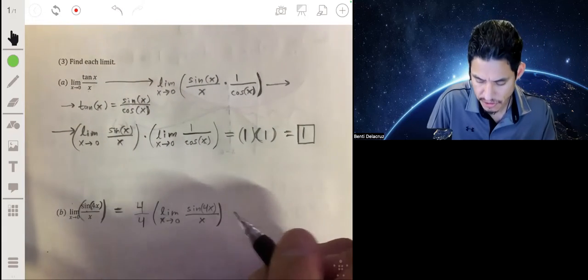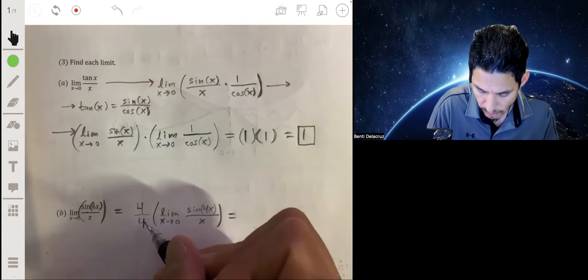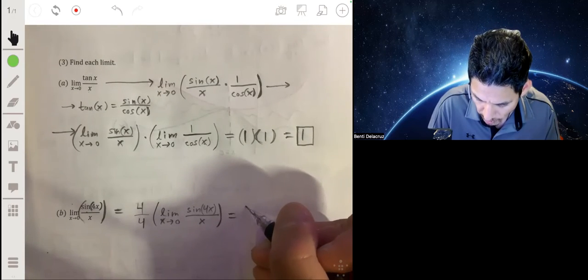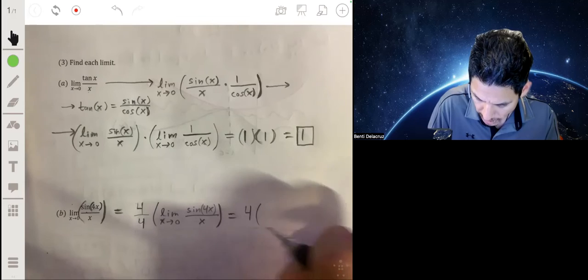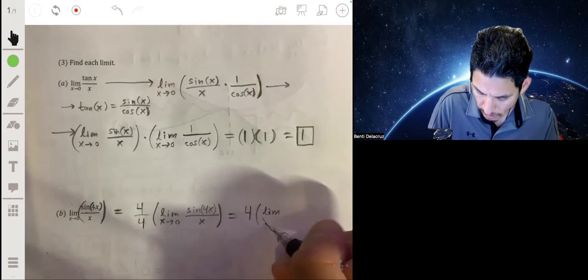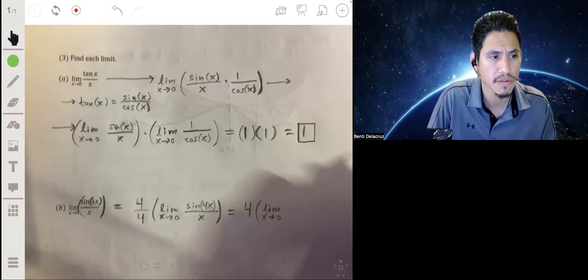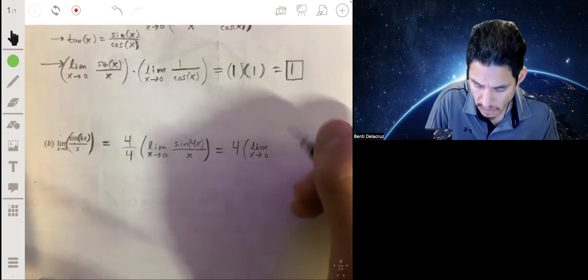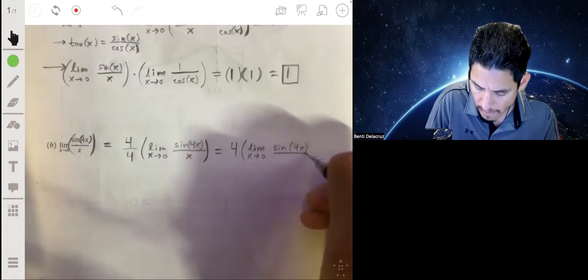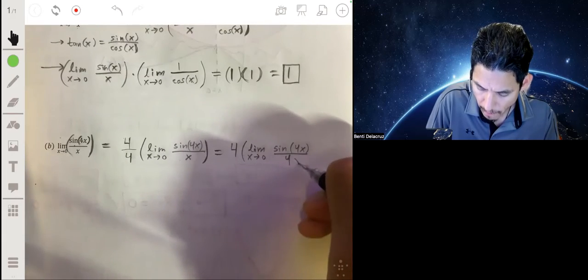And the reason for that is, using the properties of limits, we can bring this 4 into the limit. So we really have 4 times the limit as x approaches 0 of the sine of 4x over 4x.